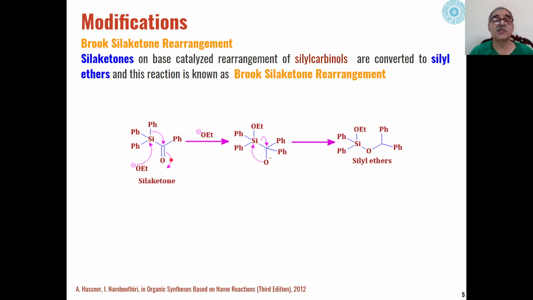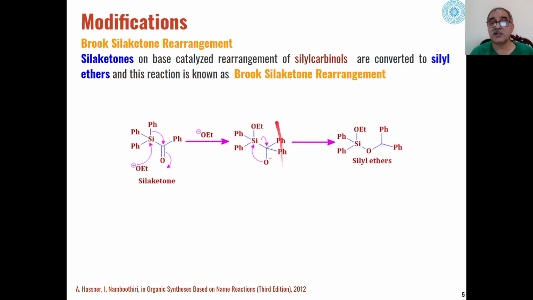Sila ketones are the substrates, and here also this reaction takes place in the presence of a strong base like sodium methoxide or potassium methoxide, and here the base attacks the silyl group directly, and one of the phenyl groups or other group attached to the silicon gets transferred to the oxygen.